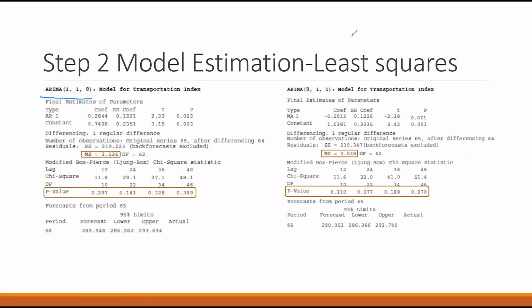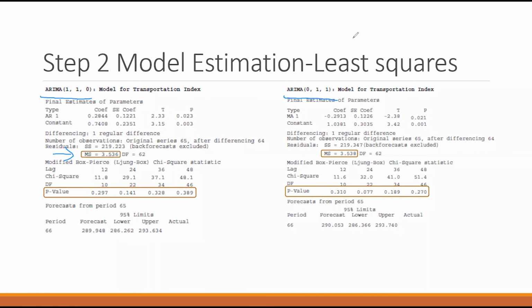These two models, ARIMA 110, ARIMA 011. How do we determine which one's better? So one criterion we want to use is this MS part, mean squares. Mean squares measures the deviation between your estimation or your forecast versus the original data, okay?